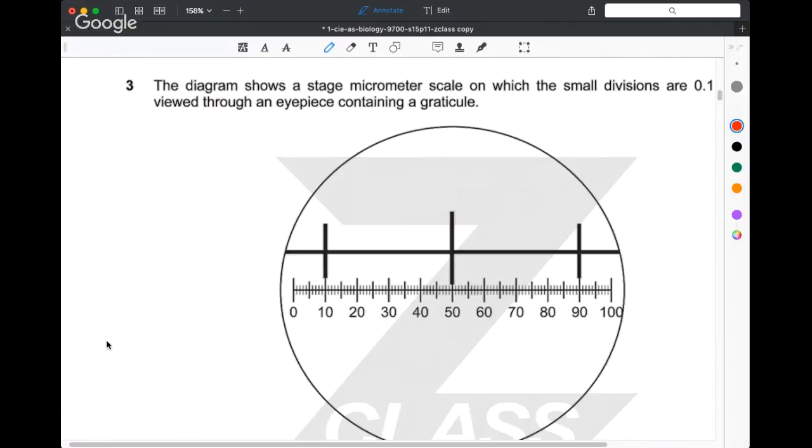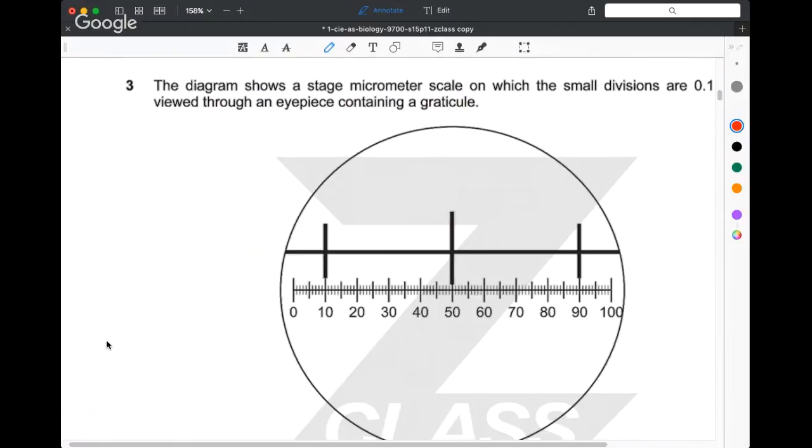And so what you've got here is the view that you see when you look down the eyepiece of the microscope. And what's happened is that a tiny ruler has been placed on the stage of the microscope. That's the thick black lines that you can see at the back. And then in the eyepiece, there's a little scale called a graticule, which is the numbers 0 to 100 that you can see.